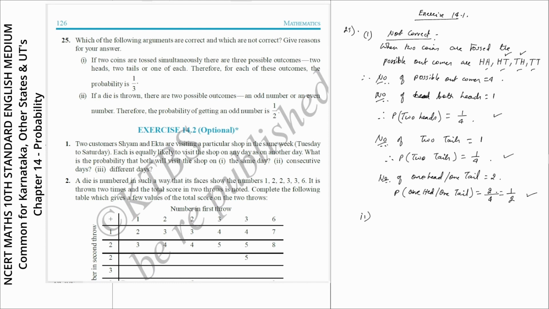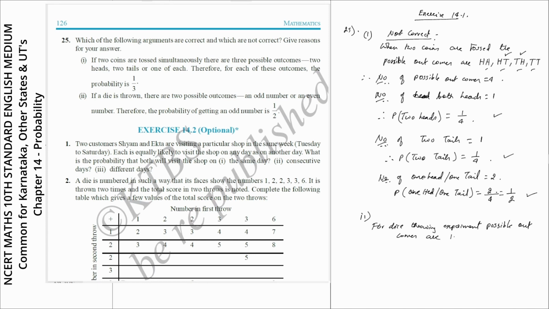The next sub question. If a die is thrown, there are 3 possible outcomes, an odd and an even number. Therefore the probability of getting an odd number is 1 by 2. So here, for the dice throwing experiment, what are the possible outcomes?